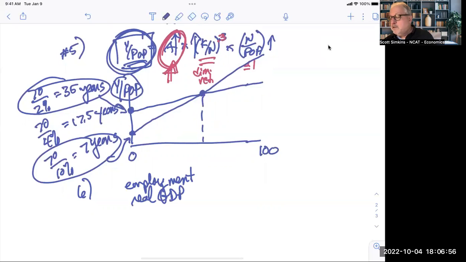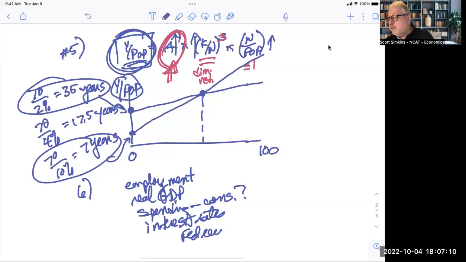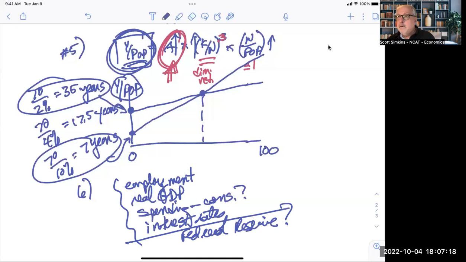What about spending, especially consumer spending? What's happened to interest rates? What about policy? What's been happening in terms of the Federal Reserve? It's not just some of those things, but you really need to put all those things together and also say what the implications are, not only now, but over the next few months.